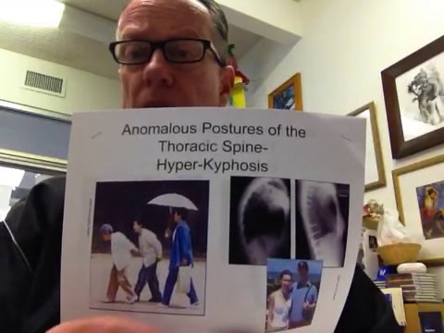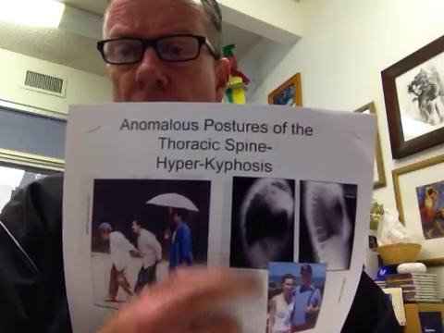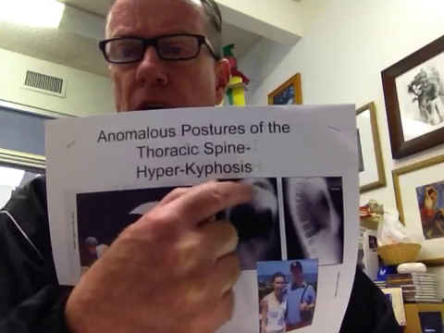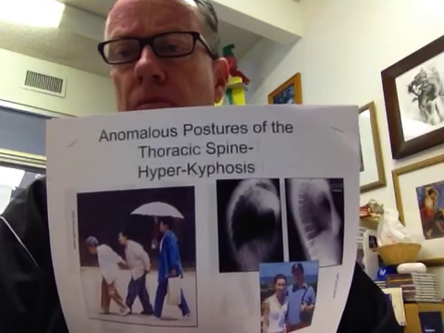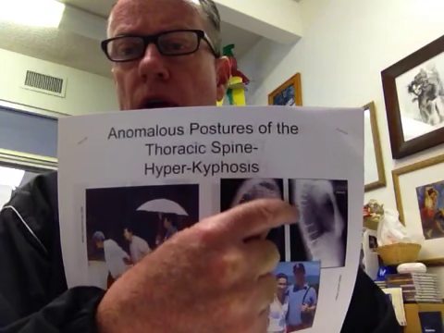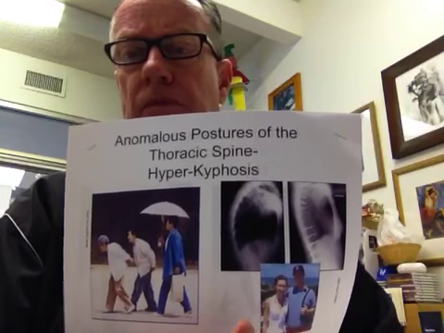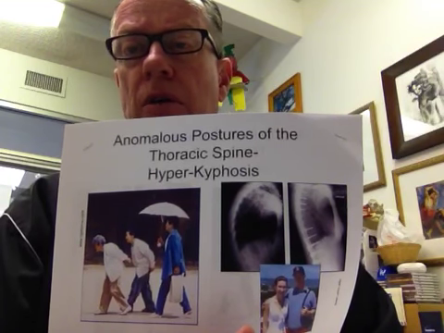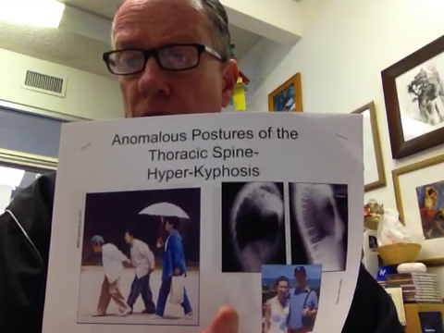And then there are conditions of hypercurvature of the spine. This is the woman who had this extreme kyphosis, and she had a surgical correction where her spine was put into a more extended position.